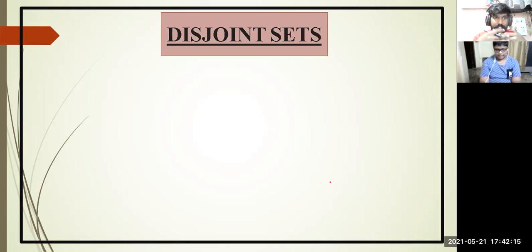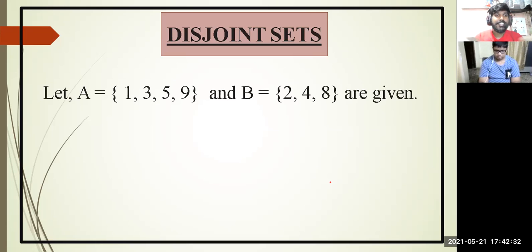So joint means something that is combining two sets. Disjoint is something that is not combining with each other. Intersection tells you the common elements in both sets, while disjoint means there is nothing in common between the two sets.